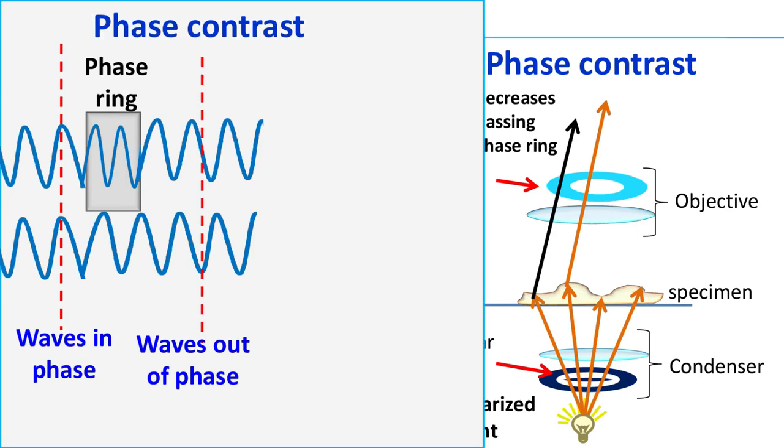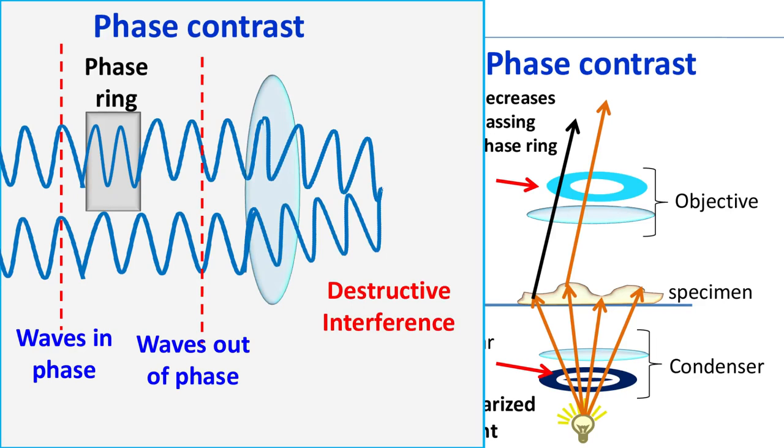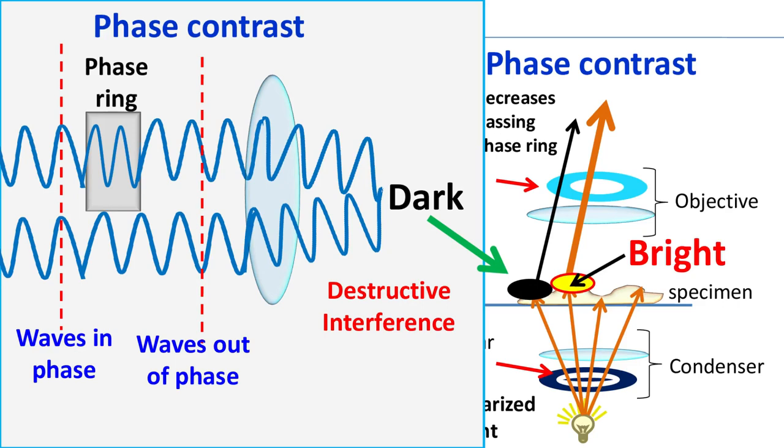The ray coming from the phase ring will undergo destructive interference because of its decreased velocity and phase shift. Here, this region of the specimen is seen as dark. The ray of light that fails to hit the phase ring will not undergo destructive interference, and this region of the specimen is seen bright.